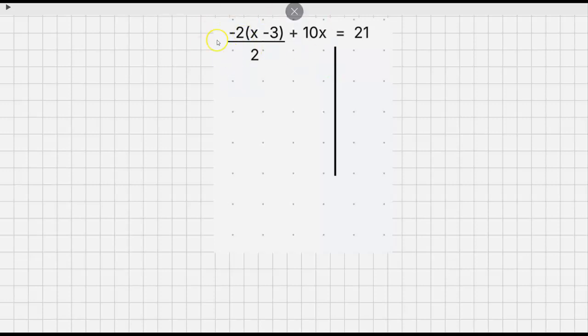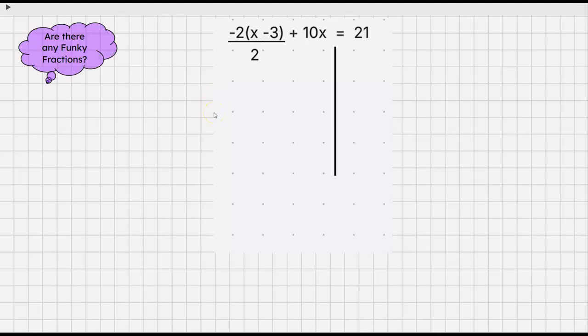So the next funky fraction we're going to look at is negative 2 times x minus 3 all over 2 plus 10x equals 21. In this situation, we have another one of those situations where we have what I'm going to call a lone variable. It's out here by itself. It's not with this funky fraction, but we still have to get rid of the funky fraction.